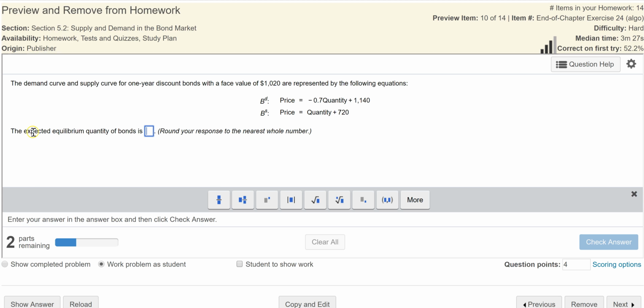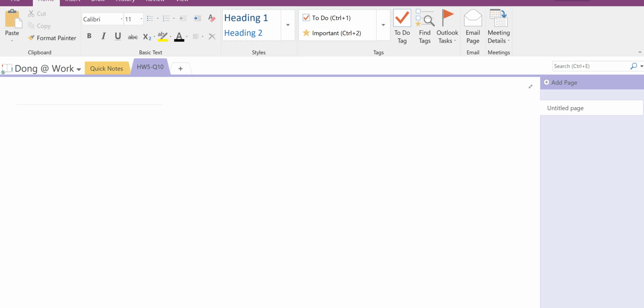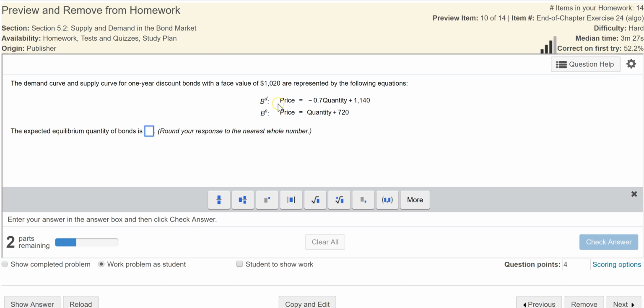So the first part of this question is, what is the expected equilibrium quantity of bonds? Basically, this is a two linear equation system. We can solve this system pretty easily. How can we do that? Why don't we just write down these equations.